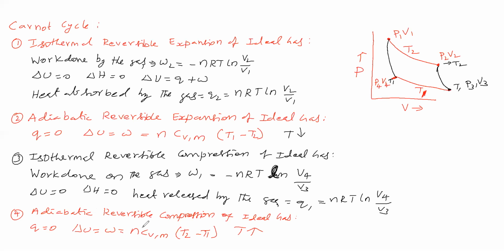Second step, adiabatic reversible expansion of ideal gas, work done symbol W. Then third step, isothermal reversible compression of ideal gas, work done W1. Fourth step, adiabatic reversible compression of ideal gas, work done symbol W dash.